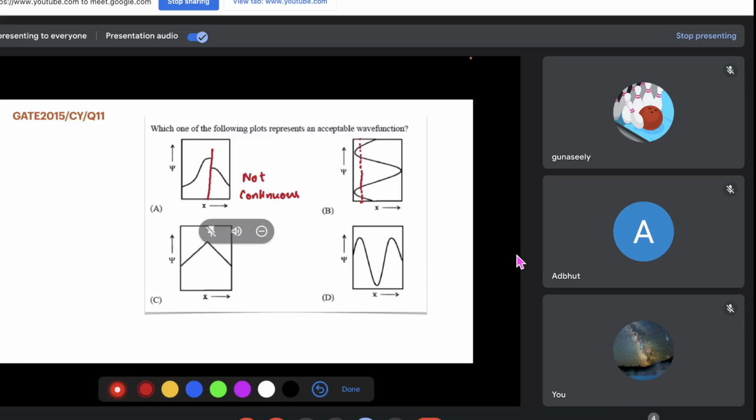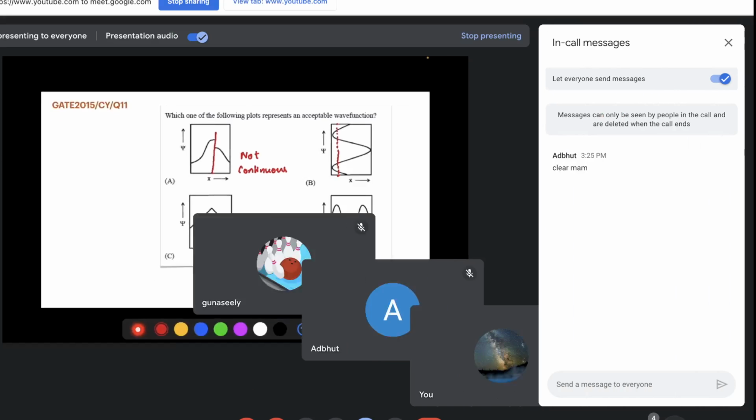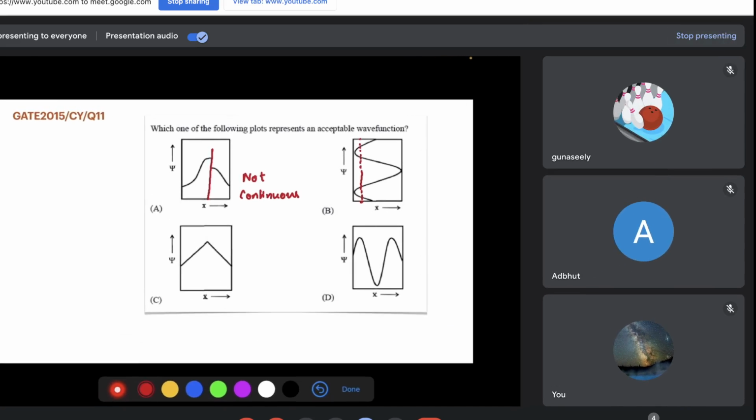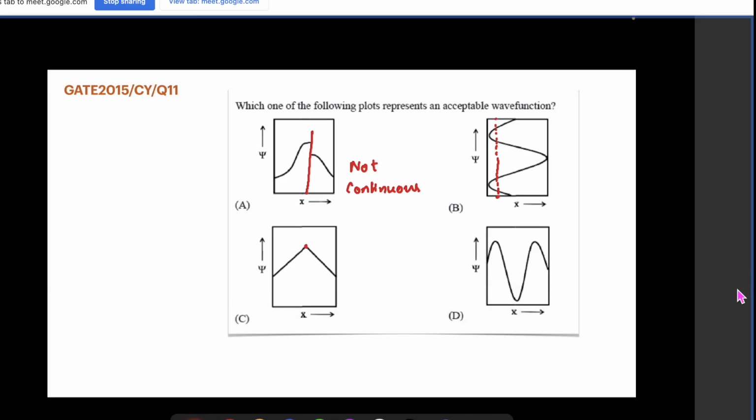And for C, you will see that this is a continuous wave function, but here the first derivative is not continuous, because at any peak point or sharp point, the derivative of this function is not continuous. Here we have different directions of our tangents, and therefore this wave function is also not acceptable.